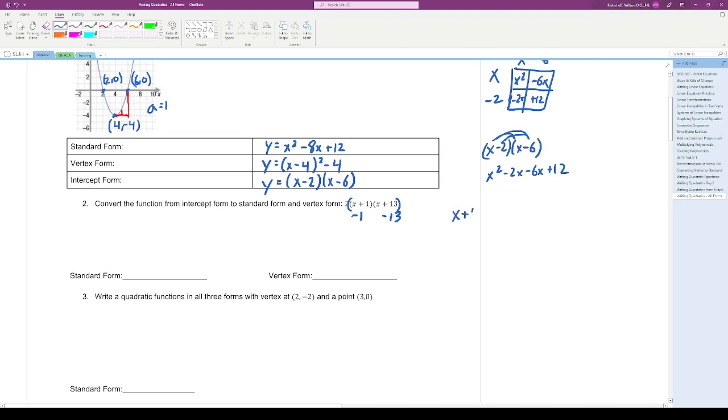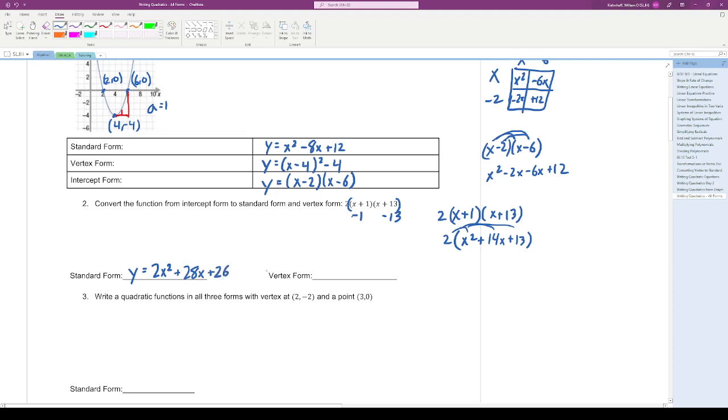So if we do (x plus 1)(x plus 13) and then deal with the 2 later, we have x squared plus 1x plus 13x, so that's plus 14x plus 13. Then we'll distribute the 2 to each of those things. So our standard form is y equals 2x squared plus 28x plus 26.